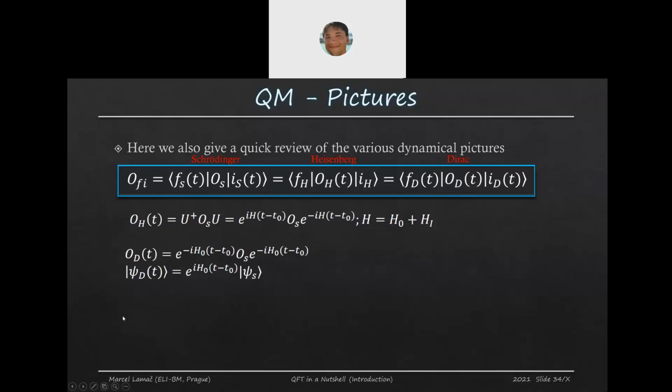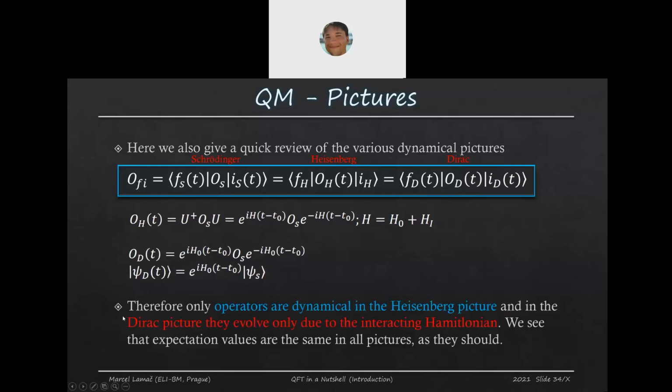So basically, what this does is that it leaves in the actual evolutions only the interacting parts of the Hamiltonian. And, by the way, I think there should be an i here in this definition of the operator.